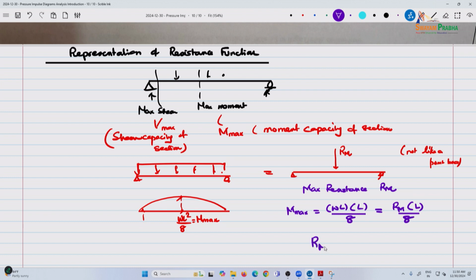So Rm is, for a simply supported case, 8 M max divided by L. This is the flexural resistance.